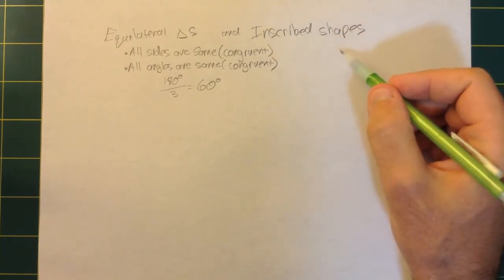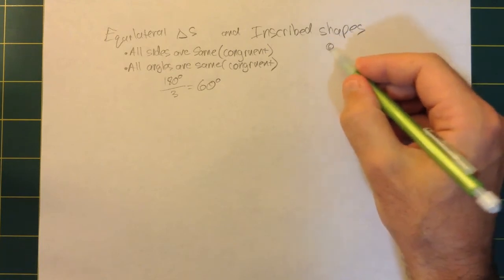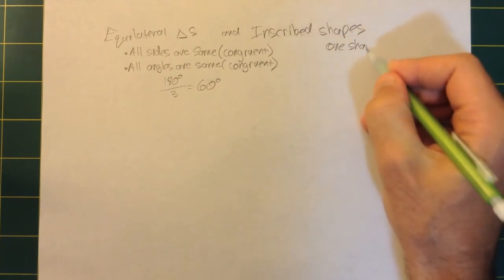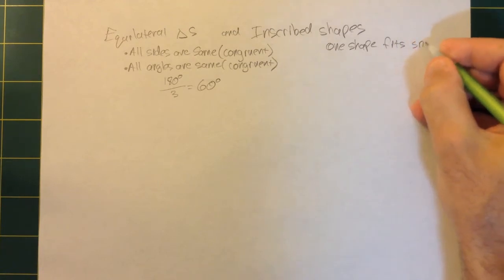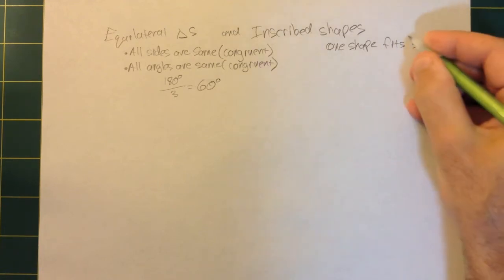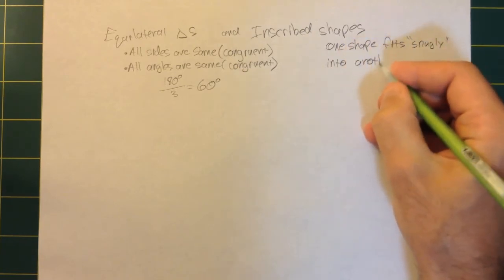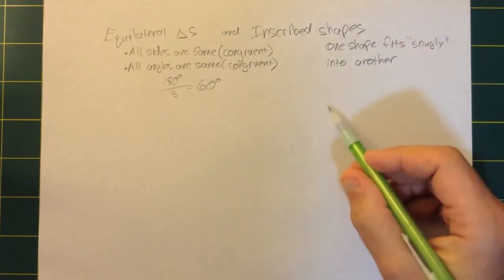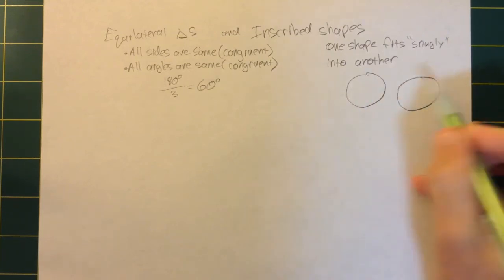When we talk about inscribed shapes, that is when one shape fits, we could say, snugly into another. So if I wanted to put a square inscribed in a circle, let's give 3 examples.